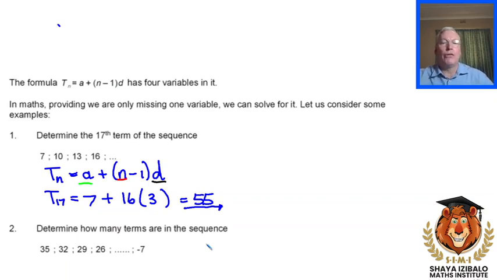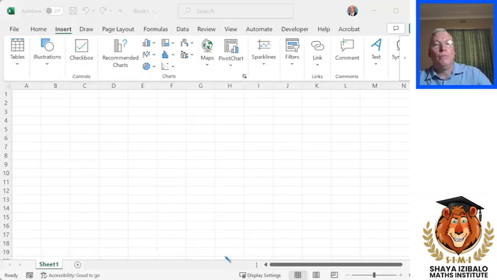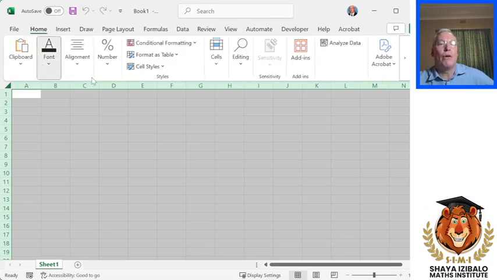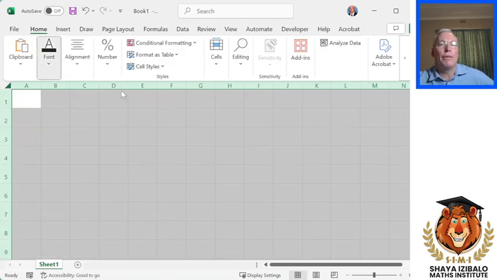What I do want to show you now, just before we finish this lesson, is a tool called Microsoft Excel, and Microsoft Excel can actually repeat patterns for us. I'm just going to make the font a little bit bigger so we can see.